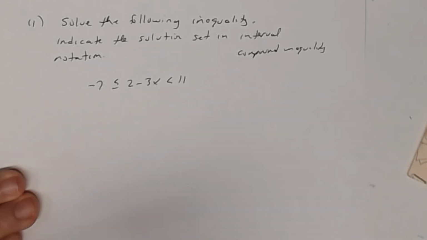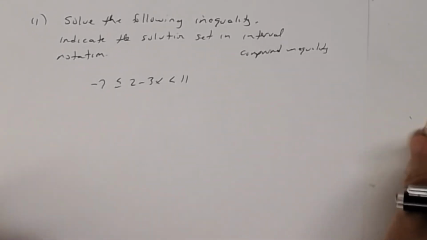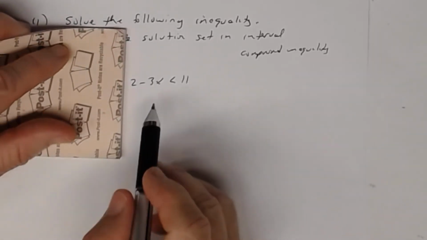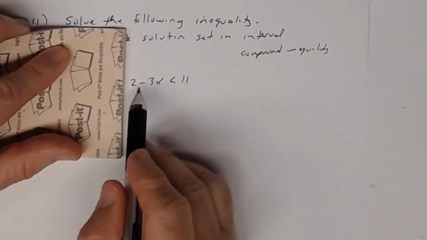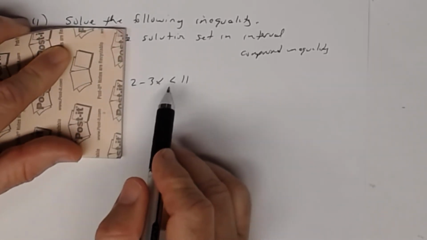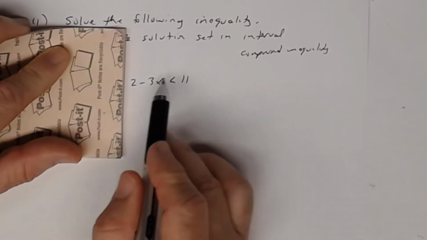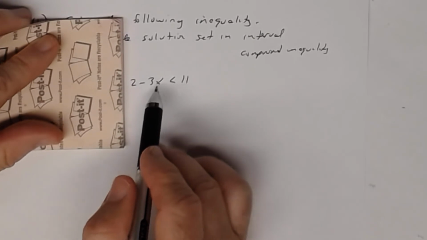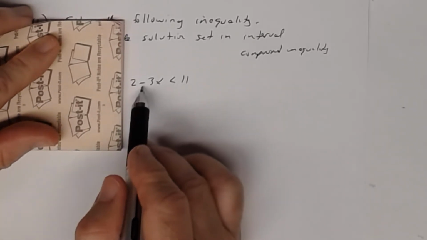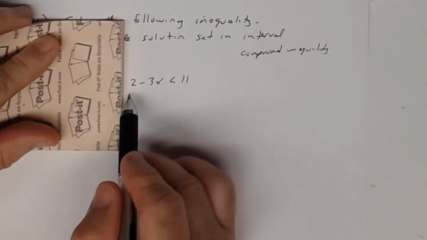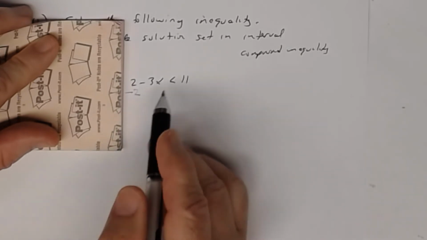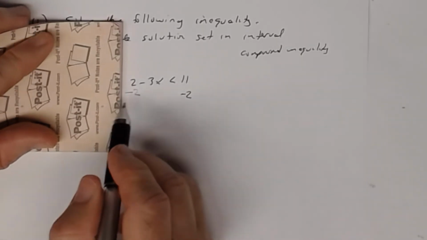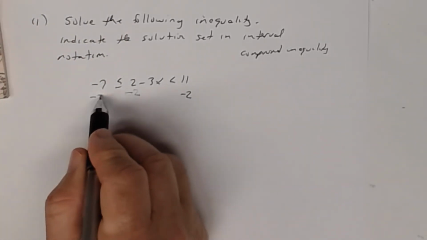If this was a simple inequality rather than a compound inequality, then the first thing you have to do is subtract 2 from both sides, right? But remember though, we have 3 parts, so you have to subtract 2 from all parts.